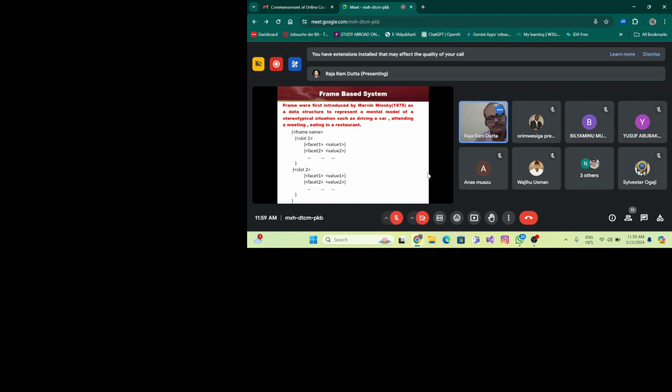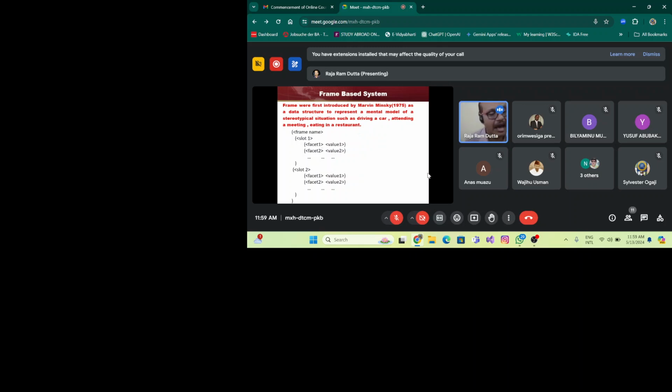In a frame-based system, we write any situation in object-oriented form. First of all one object will be there. Within the object we have lots of properties, which are known as the characteristics of the object. We define that as a slot.